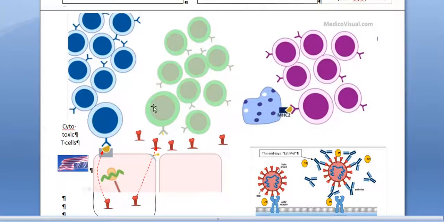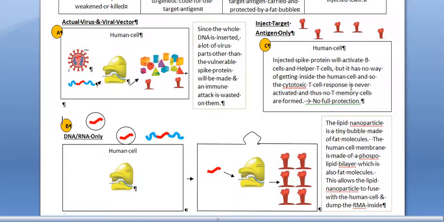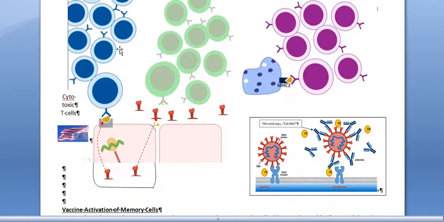So this is what happens. In this case the spike protein never gets inside, so this part never happens, the cytotoxic T cells.